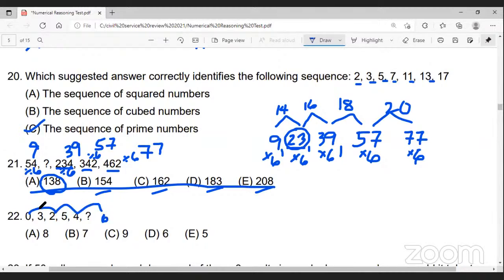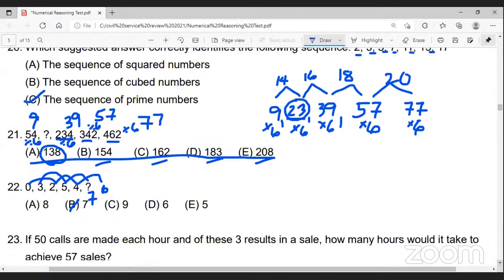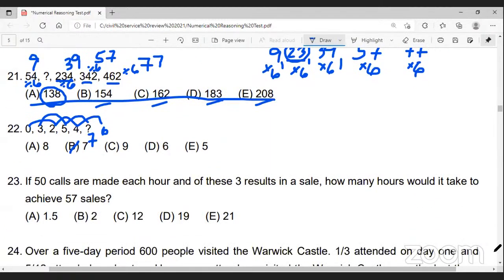So from 3 to 5, plus 2, plus 2, or skip count. From 3 plus 2 is 5, plus 2 is 7. As long as you already have the background of what's the pattern behind the sequence.